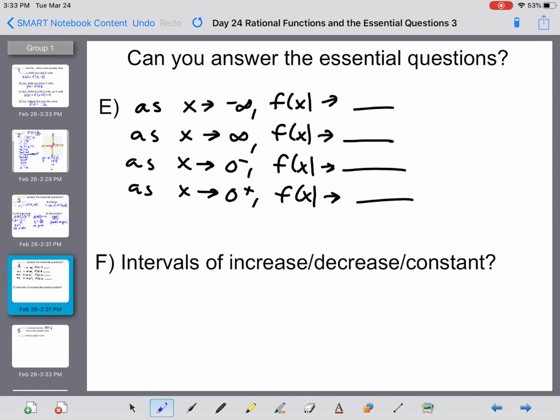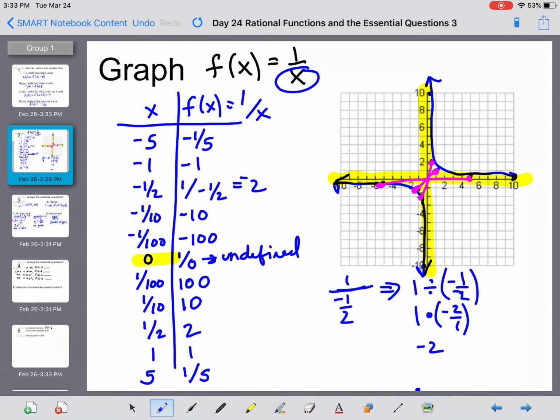Let's keep going with the essential questions here. As far as the end behavior goes, these first two questions should look very familiar. So as x approaches -infinity, what is my y value doing? Well, my y value is getting really, really, really close to 0.